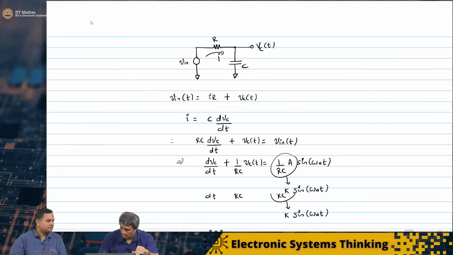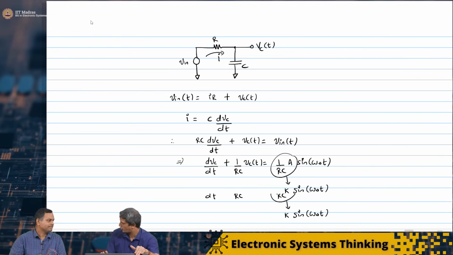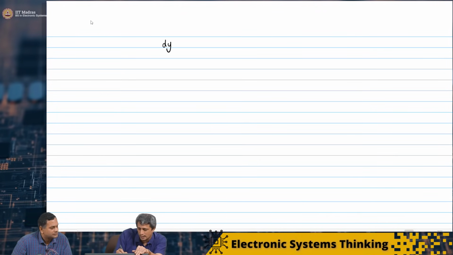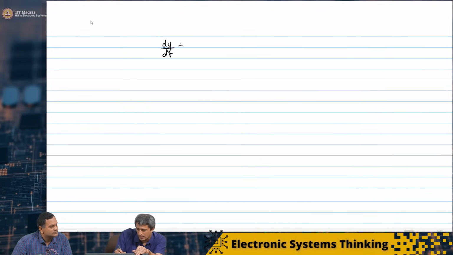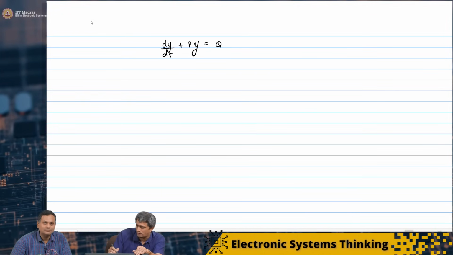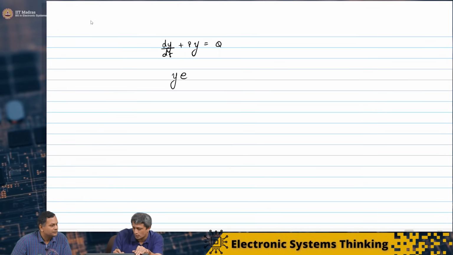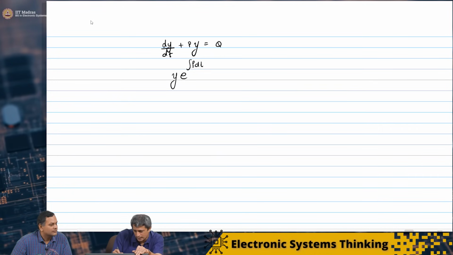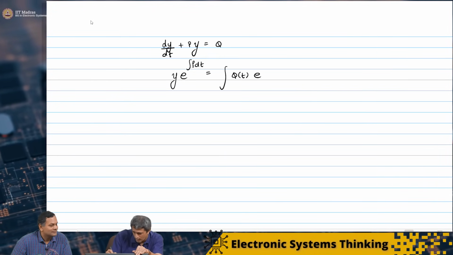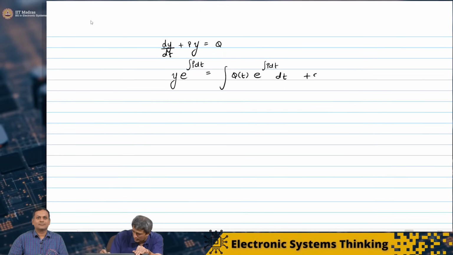So when we did the step response, we encountered a very similar differential equation. What we saw there was, if you had dy by dt plus p into y equals q, where both p and q are functions of time, the solution was y e power integral p dt equals integral q of t e power integral p dt times dt plus a constant.